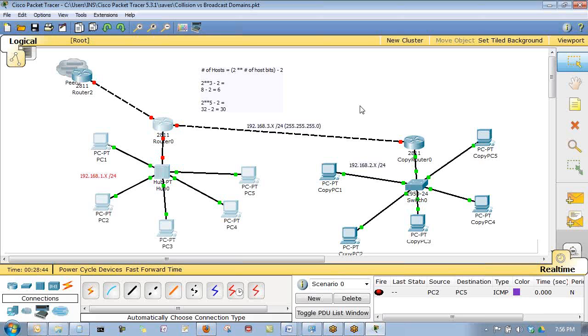All right, very good. So what we want to do next is figure out how many subnetworks we need.